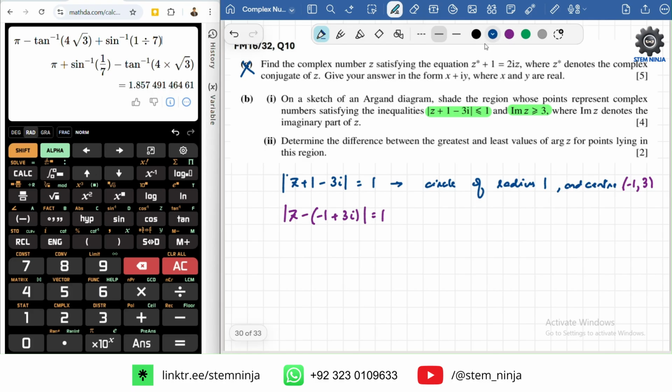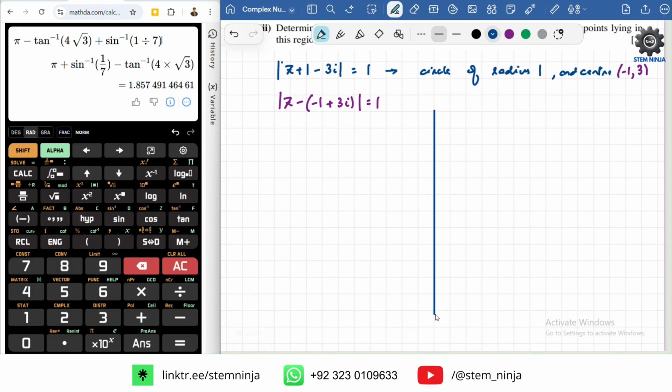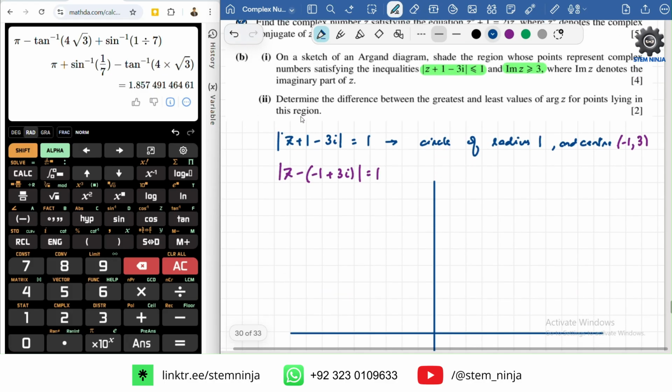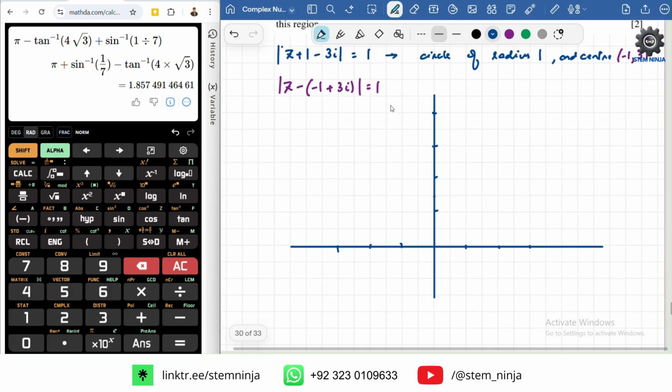Okay, so you can have a Cartesian equation for circle also. So let's sketch this out. So minus 1 plus 3i, once again the radius is 1. So 1, 2, 3. If this is 3, for example, 1, 2, 3, 4. Okay. So we need the circle to have a radius of 1.